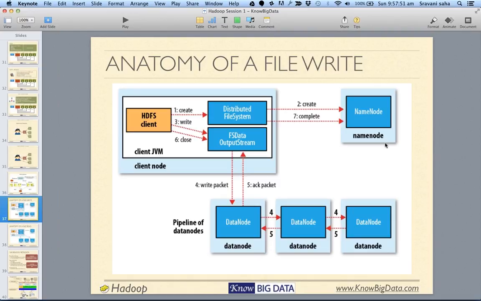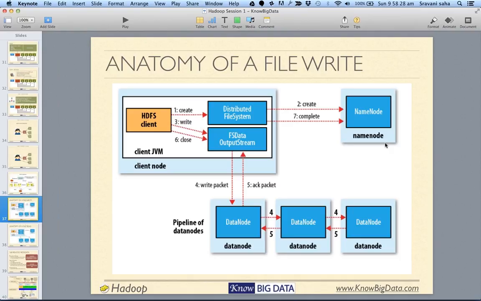In case they are trying to write different sets of files, then the name node will keep on making notes of all of those and keep on handing over to them the access to the data nodes, where the client can go and start writing. But if all the clients are trying to write to the same file, then it will keep them blocked.